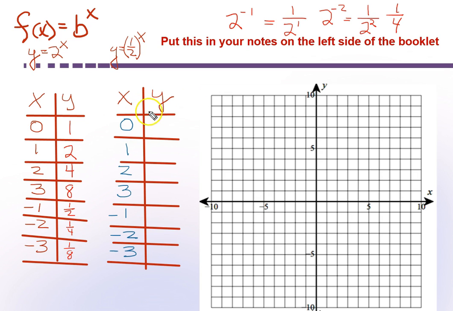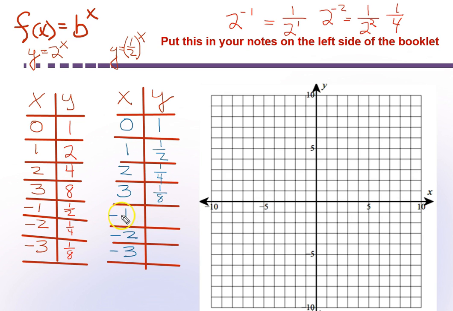Now, we'll do this one here too, and we're going to change colors. Again, 1/2 to the 0 power. Anything to the 0 power is 1. Now, 1/2 to the first power is just 1/2. 1/2 to the second power is 1/4. 1/2 to the third power is 1/8.